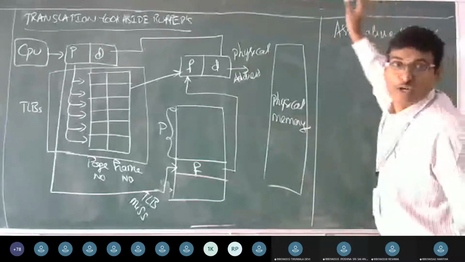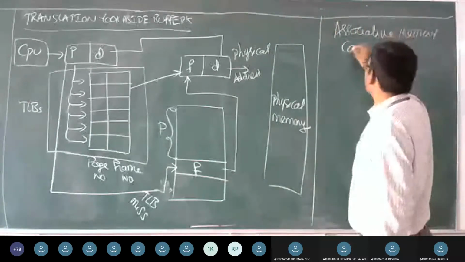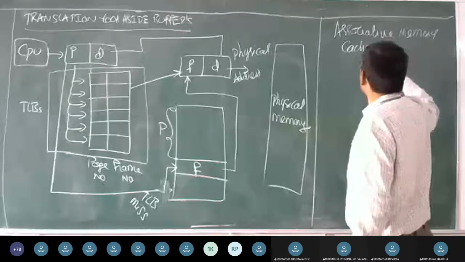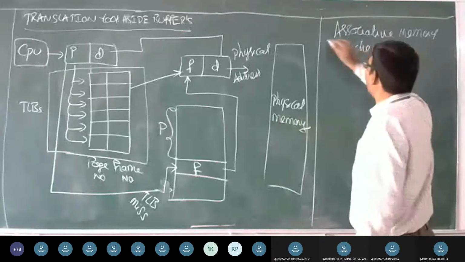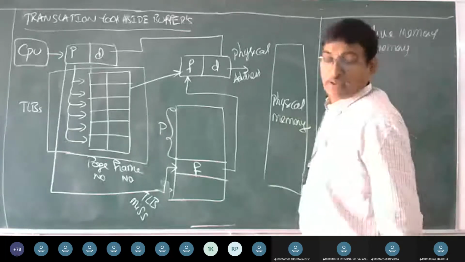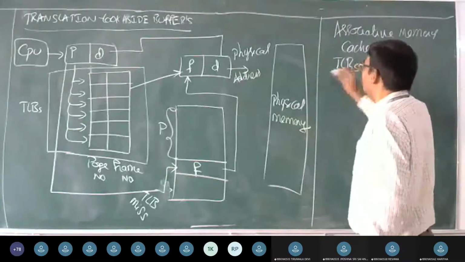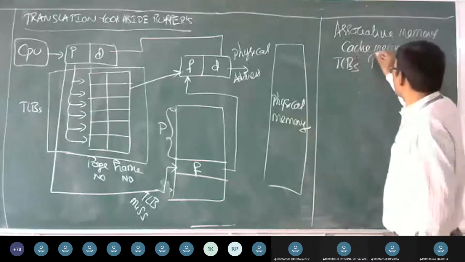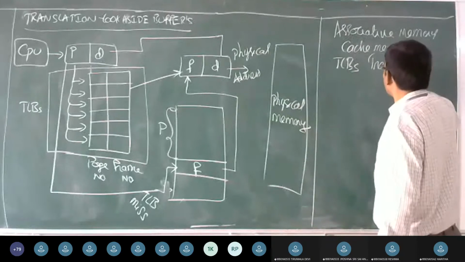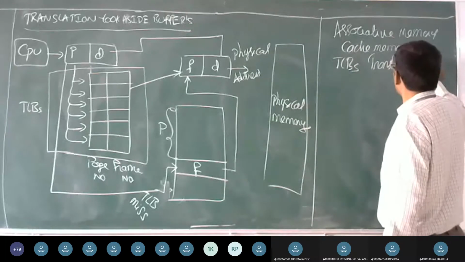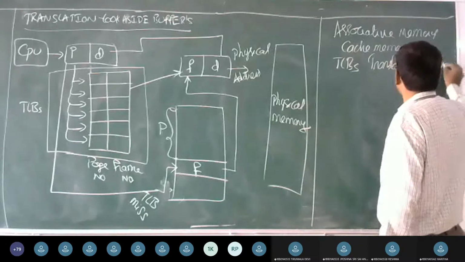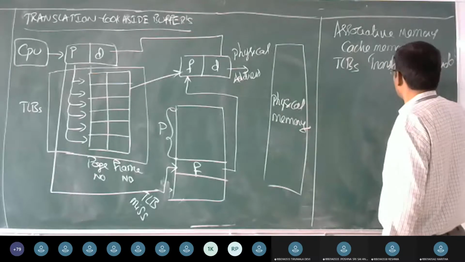The other name of associative memory is cache memory. And the other name of associative memory or cache memory is TLB, that is, translation look aside buffers.